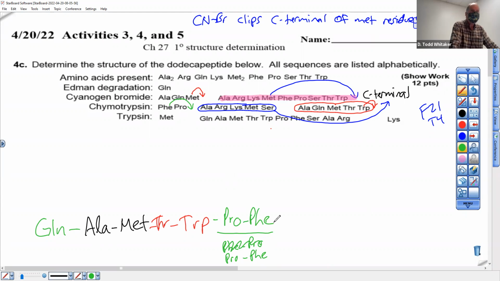That's what chymotrypsin means. In this thing, the Phe was at the end. And it has to be in the middle because the C-terminal has all this junk in it, which means it also has all this junk in it that didn't have any Phe, Tyr, or Trp. And so now our only job is to figure out what's the order of these 5 at the end. We got 7. 1, 2, 3, 4, 5, 6, 7.